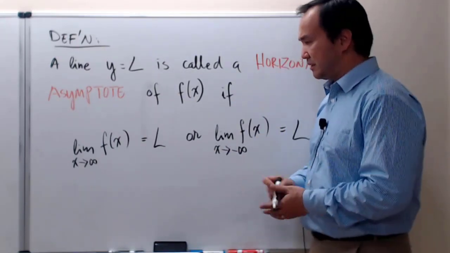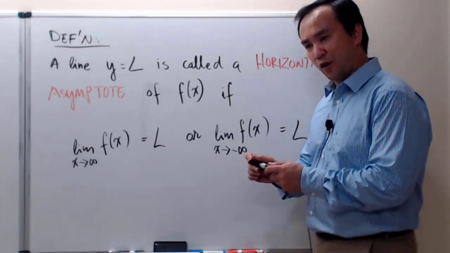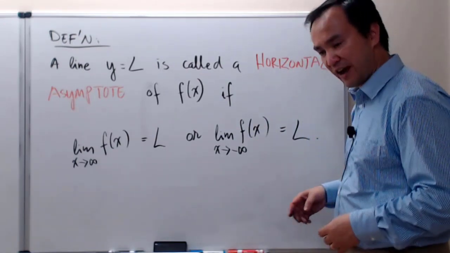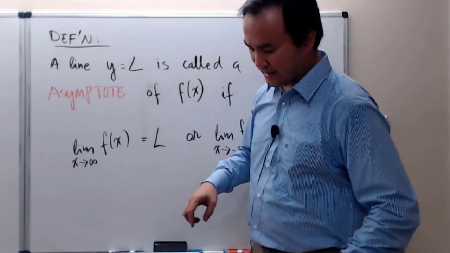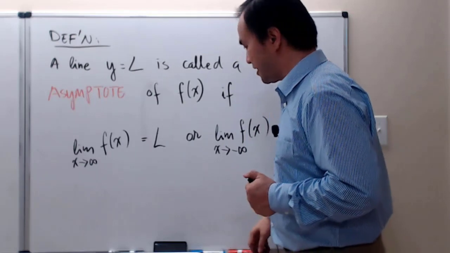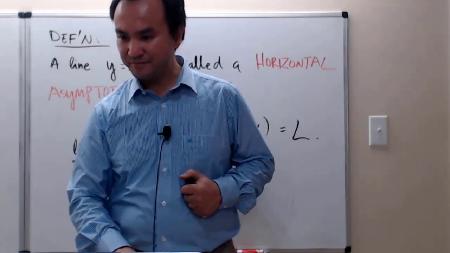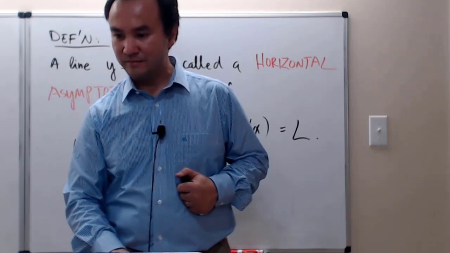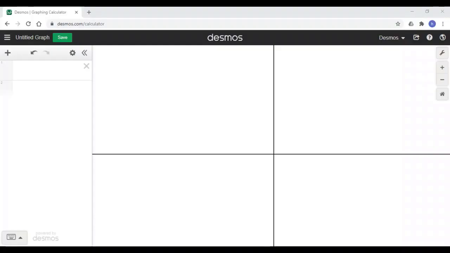Horizontal asymptote. Have we heard of that term before? Oh yes, long before we came to calculus, we've seen horizontal asymptotes. An asymptote in general is any line where the graph will never cross through.